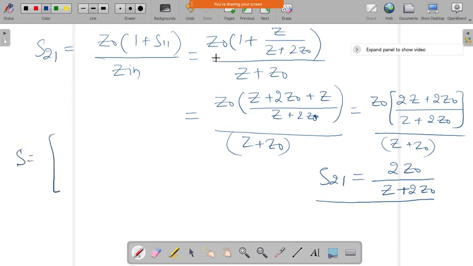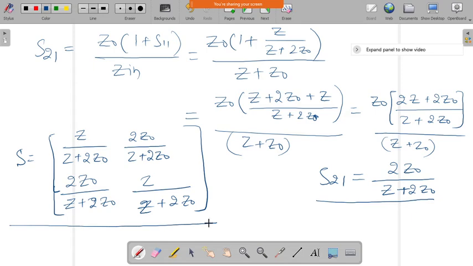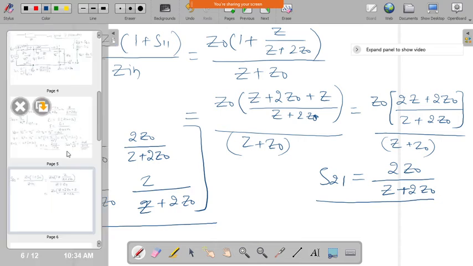S11 is Z by Z plus 2 Z naught, and S21 is 2 Z naught divided by Z plus 2 Z naught. Similarly S12 is the same as S21, 2 Z naught divided by Z plus 2 Z naught, and S22 is Z by Z plus 2 Z naught. These are the actual S parameters for the element Z inserted between the source and the load.